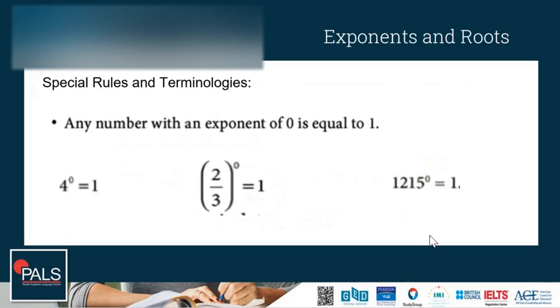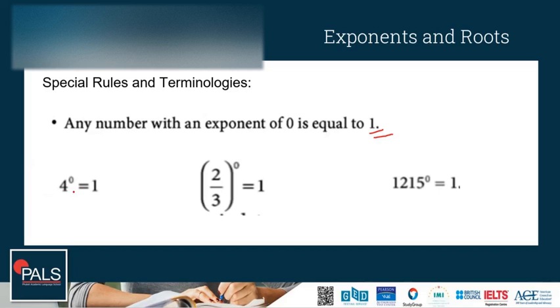Let's look at some special rules and some terminology that we should be familiar with in regards to exponents. The first one is any number with an exponent of 0 is equal to 1. Regardless of how large the number is, if the exponent is 0, the value is equal to 1. Okay? So remember that condition.